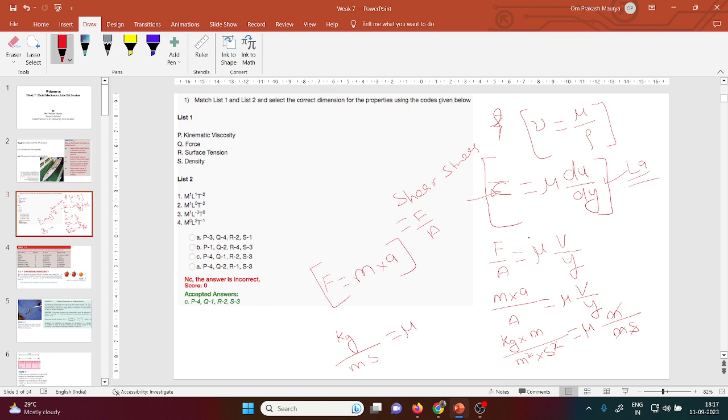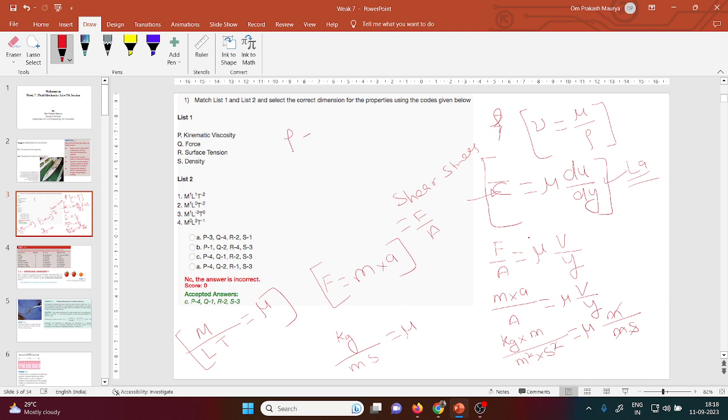For dimensional analysis, what do you write? Kg will be written in terms of M, meter is represented by L, and second, that is the time, is represented by T. So you go with that concept. Mu is this, and what is rho?